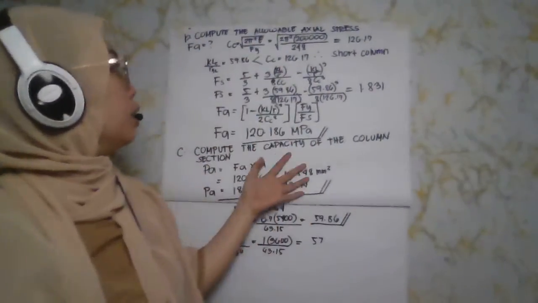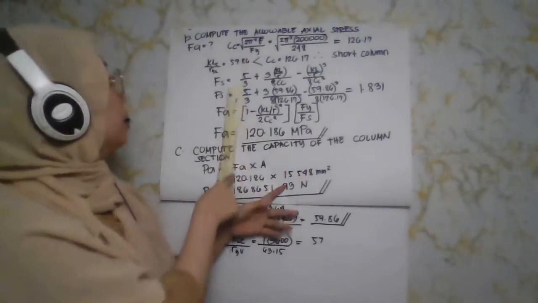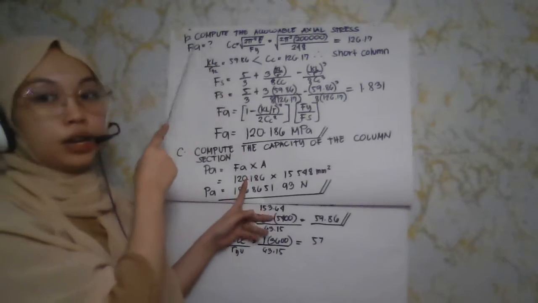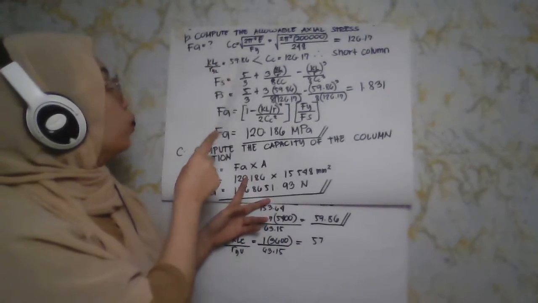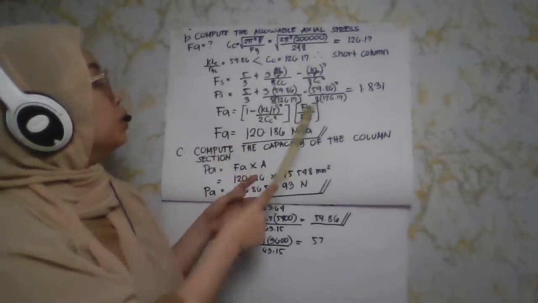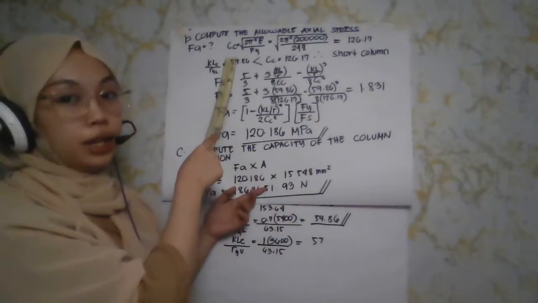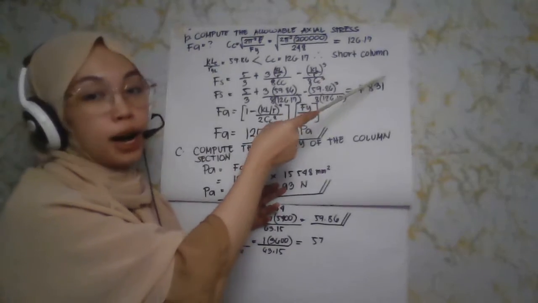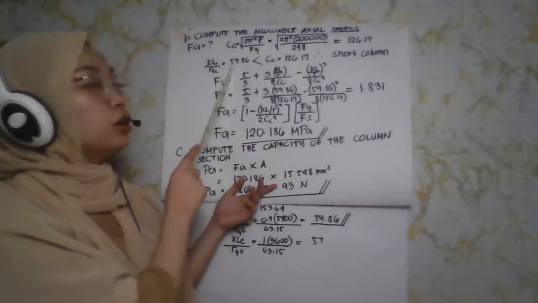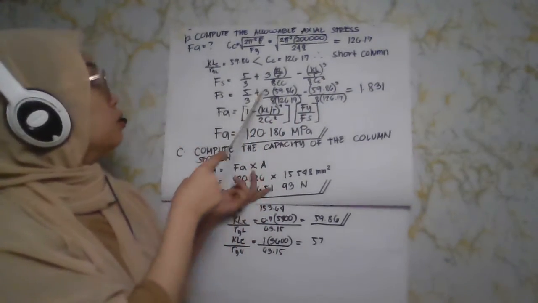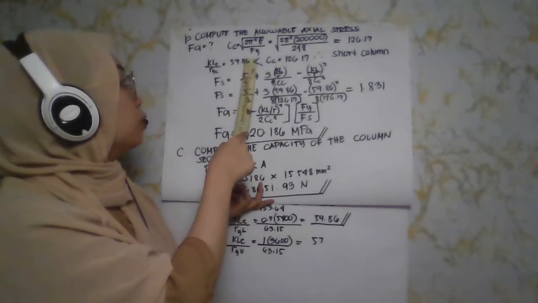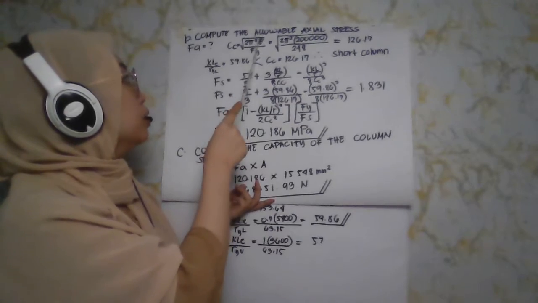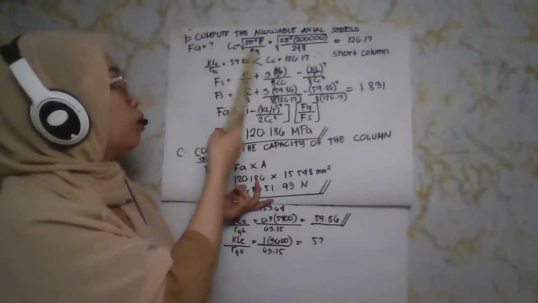So, next question ay compute the allowable axial stress. So, ano ba yung axial stress natin? So, Fa siya, diba? So, before that, kunin muna natin ang compression index para ma-identify natin kung short ba ang column or long ba ang column. So, ang formula sa compression index ay square root of 2 pi squared multiplied by the E over Fy.